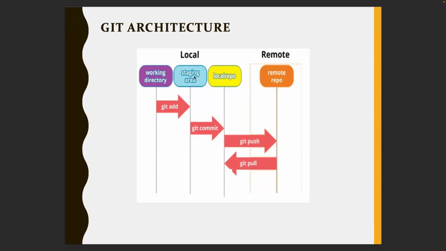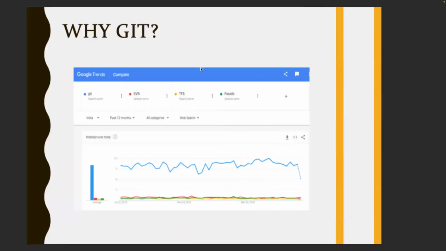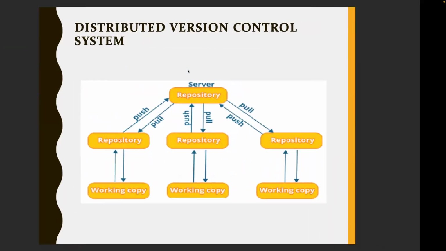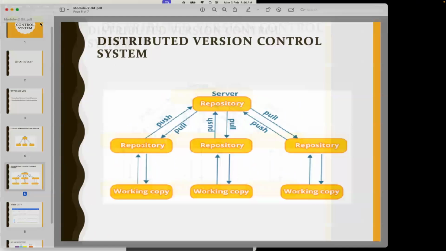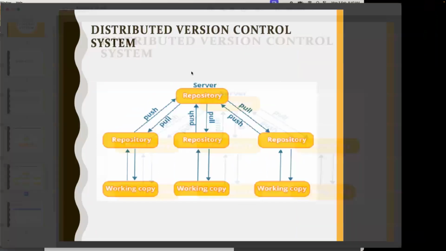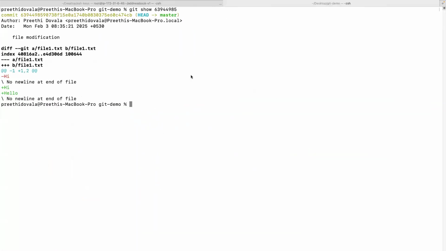File will be still there. That's the difference between unstaged and untracked. So once we modify it, the same commands git add and git commit will be applied. Then it will save on the local repository again. Yes, correct, thank you.